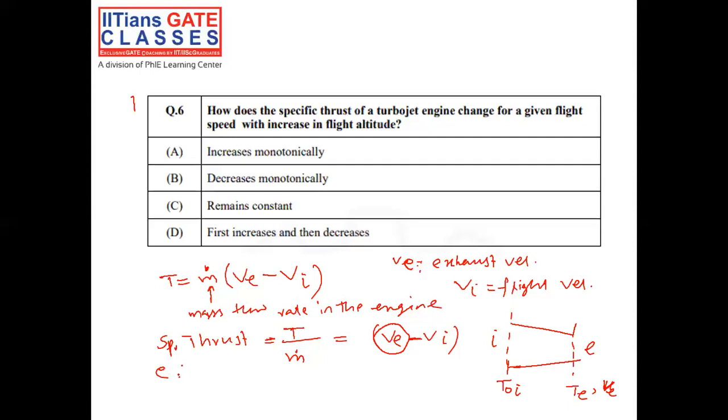Cp T0i equals Cp Te plus half Ve square, and hence Ve we will get as square root of 2 Cp (T0i minus Te).